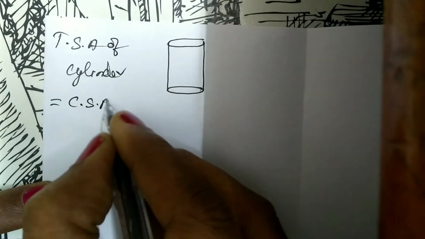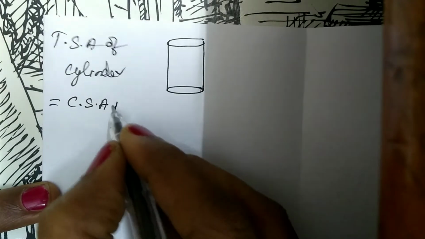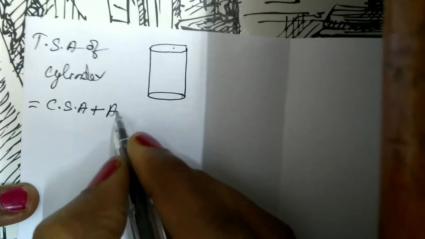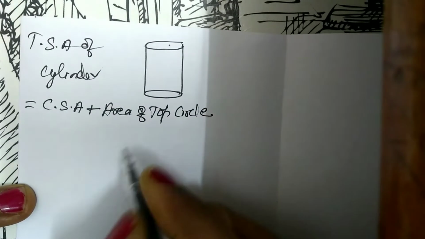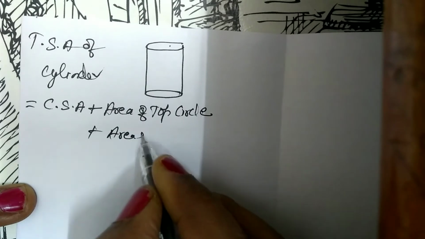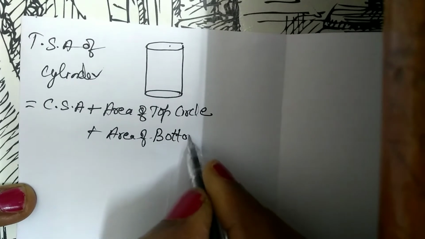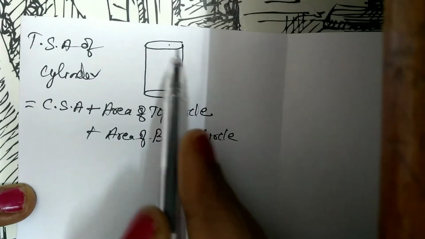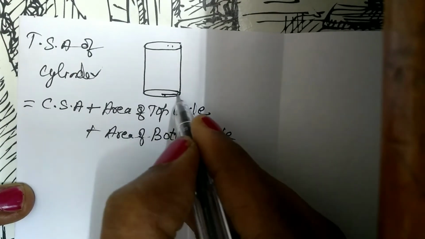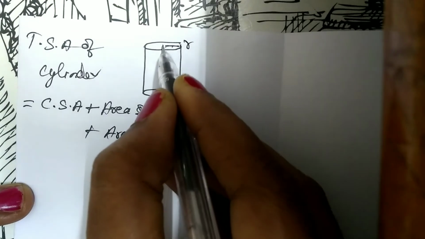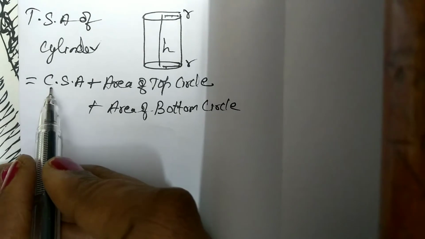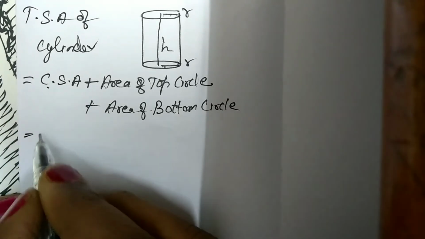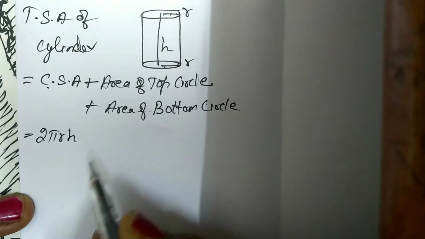The total surface area of a cylinder is the curved surface area of the cylinder plus the area of the top circle plus the area of the bottom circle, where both circles have radius r and the height is h. Now, by the previous explanation, we got the curved surface area formula is 2 pi r h.